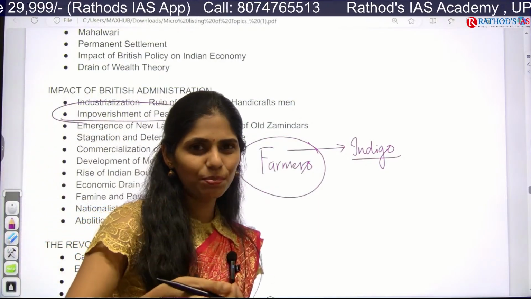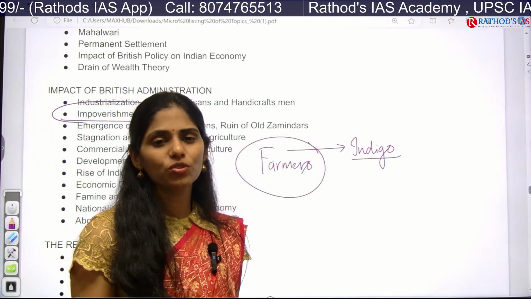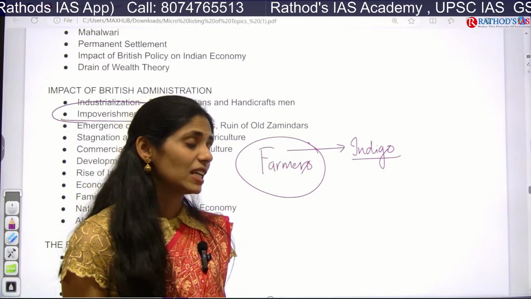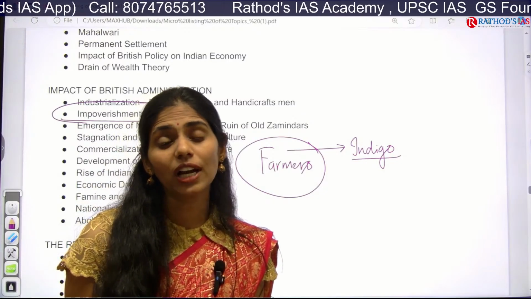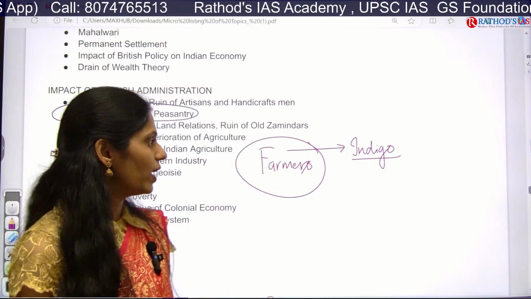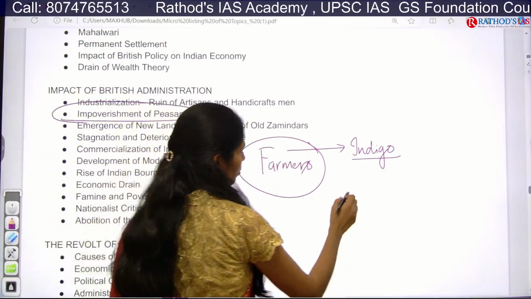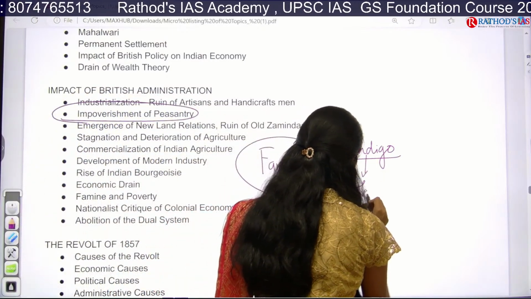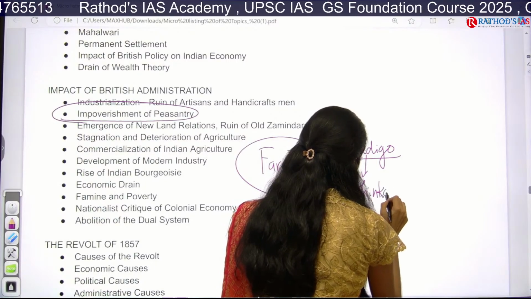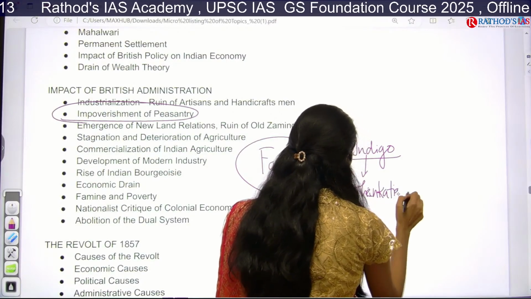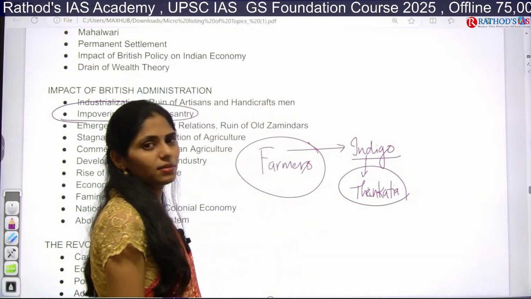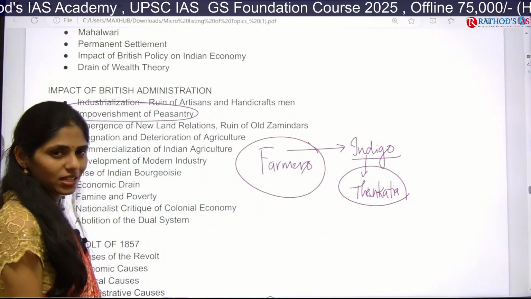We will have some powder and that will be used for clothes, right? So this indigo cultivation used to be done. Whenever indigo cultivation is followed, we have the Tinkathia system. Because of this Tinkathia system, it is impacting the peasants.